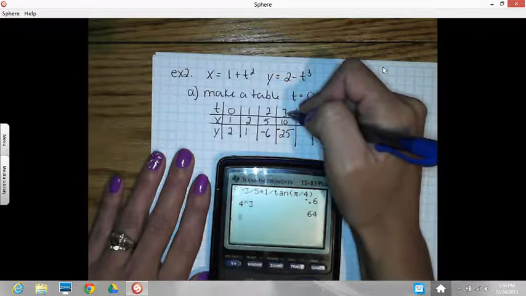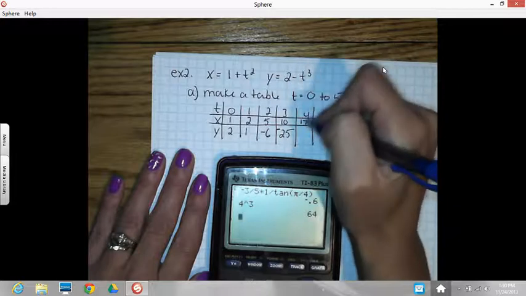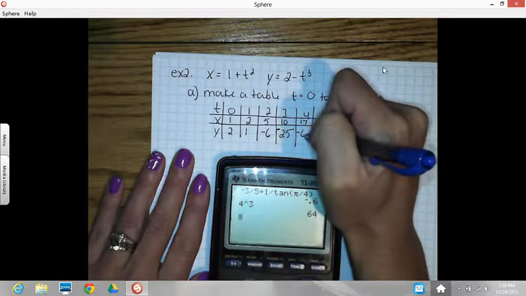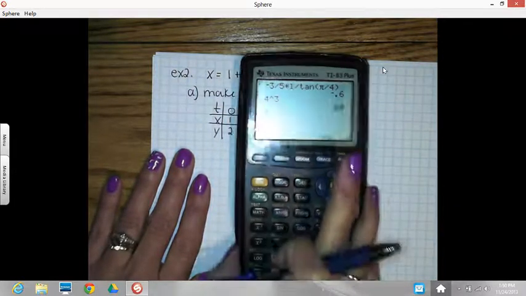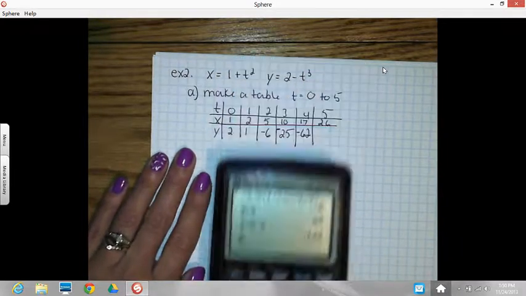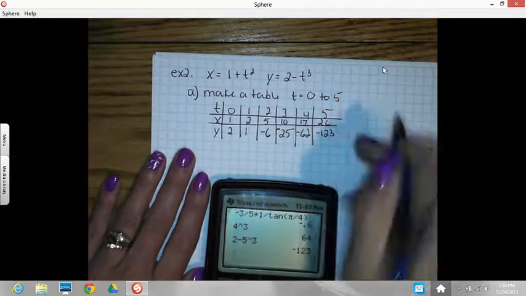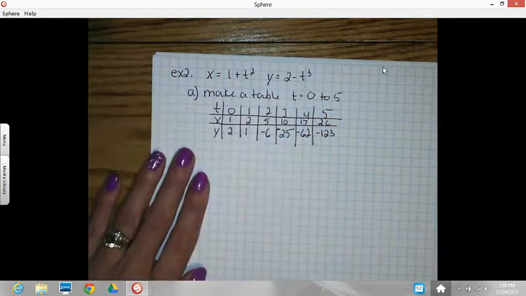Let's see, did I do that right? 2 minus 64 is a negative 62. And then 2 minus 5 cubed is a negative 123. Okay, make a table and then sketch.